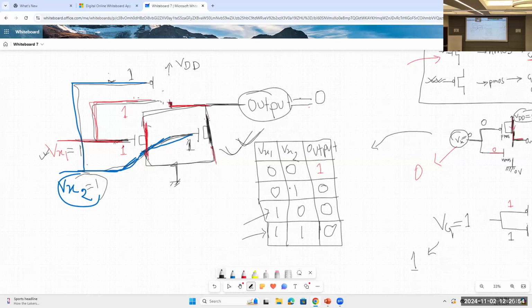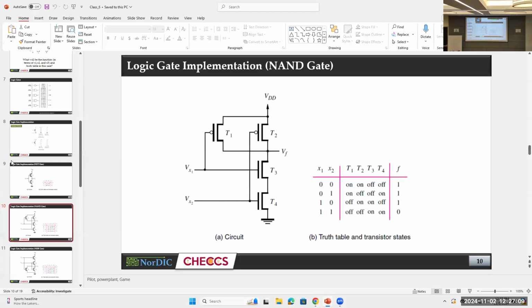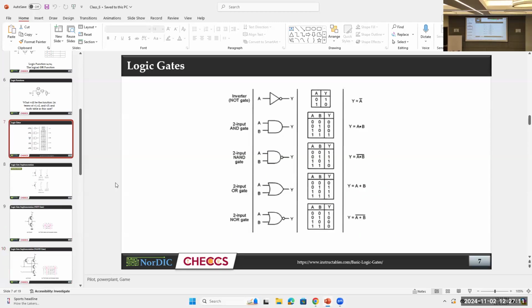But let's match this truth table with the common gates we have. What are the outputs for this combination? 1 0 0 0. Okay, so let's move to the truth tables of the gates. Here the first one should be 1, and the other 3 will be 0. So which truth table matches that? NOR.